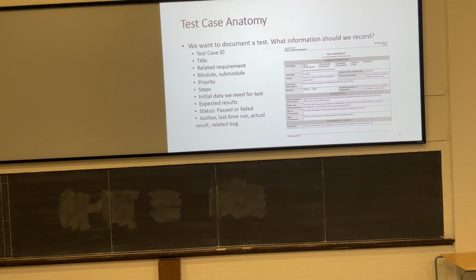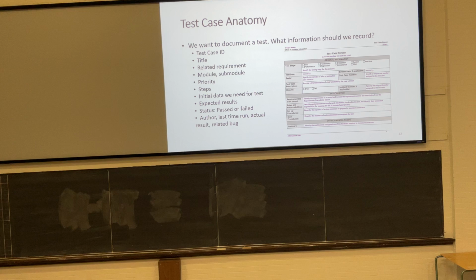Of course, what I'm expecting is every test case will have an ID, so we can refer to it. Requirement 1 has been tested using test case ID 1, ID 5, ID 7, etc. The title of the test, okay, I am testing the login page, things like that. Related requirement, this is for traceability purposes. You still remember the traceability metrics?